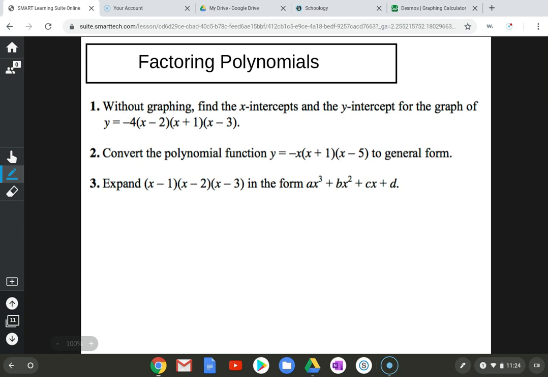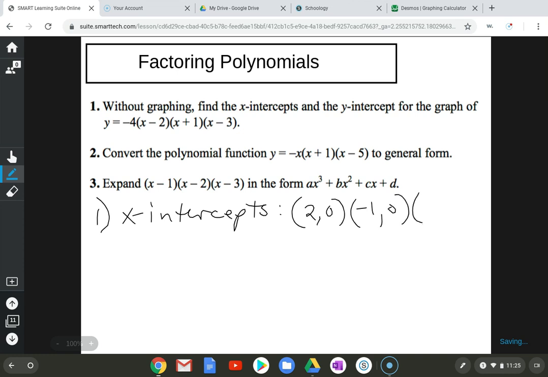Without graphing, find the x-intercepts and the y-intercepts for that graph. So for number 1, the x-intercepts would be, remember you change the sign, so 2, 0, and let's write them as ordered pairs, -1, 0, and 3, 0.